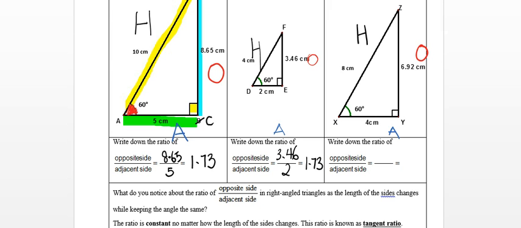Taking the trigonometric ratio for the opposite over the adjacent, we will have 6.92 over 4. And again, the value is 1.73.